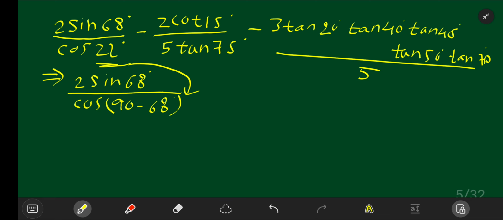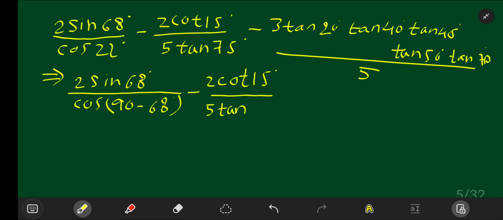So 22 is written in this form. Minus 2 cot 15 degrees divided by 5 tan 90 minus 15 degrees. 75 degrees can be written as 90 minus 15. 90 minus 15 is 75 only, no? So it can be written in this form.